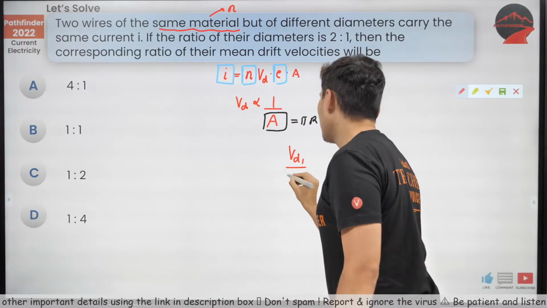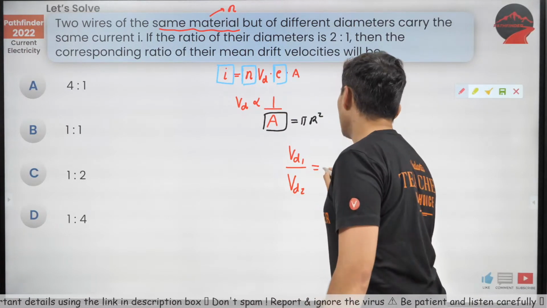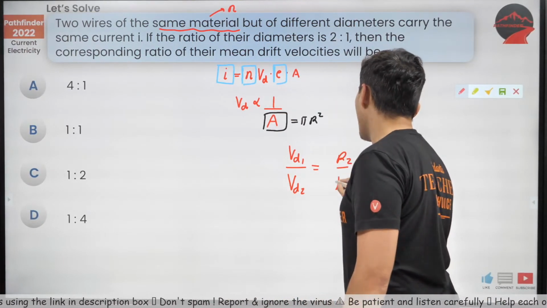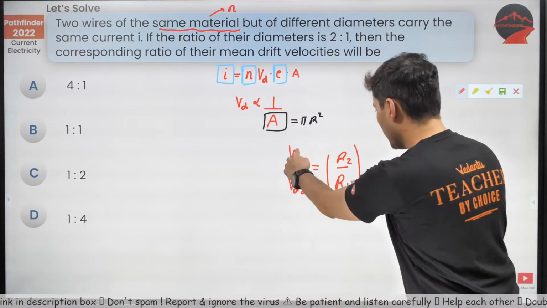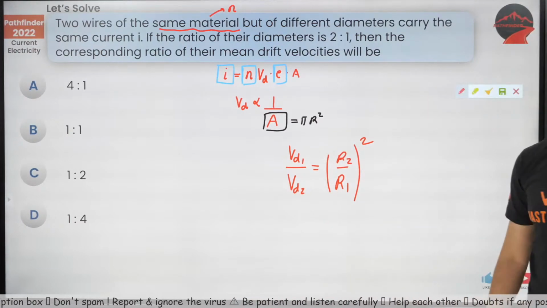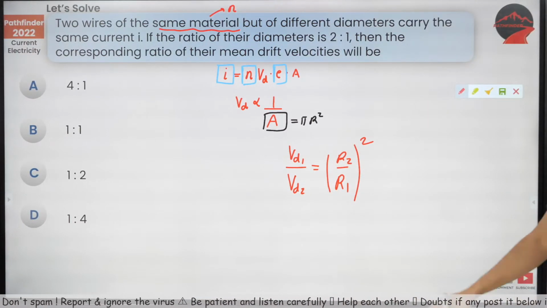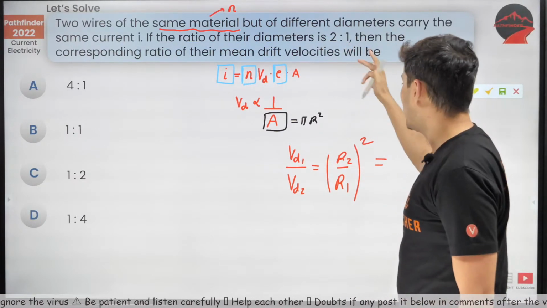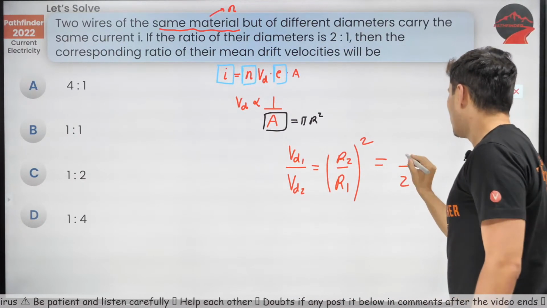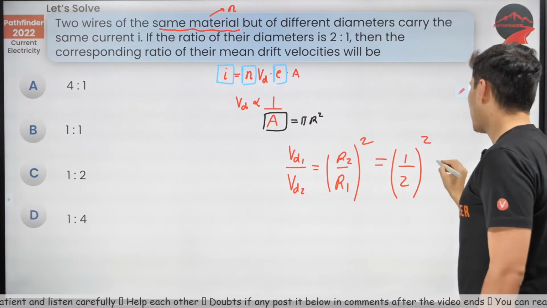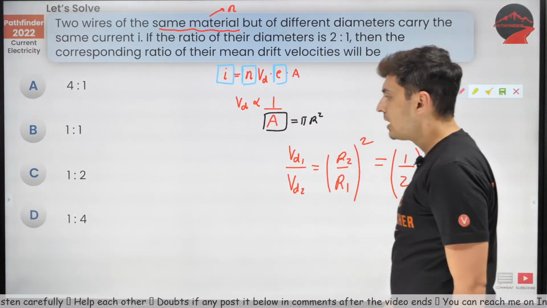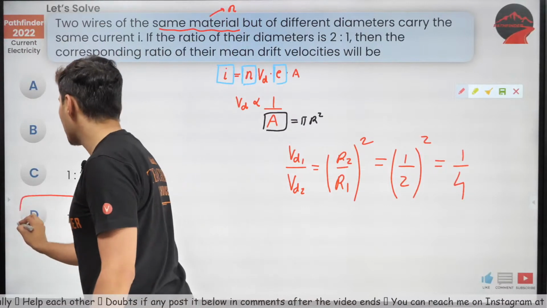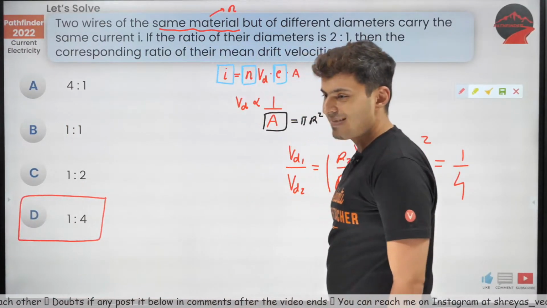Therefore, drift speed 1 upon drift speed 2 will be r2 by r1, the order has changed, squared. I hope that makes sense. So r2 by r1, diameter is in the ratio of 2:1, so this is 2, this is 1. Squared, that means it is 1 by 4, and 1 by 4 is option D, I suppose.